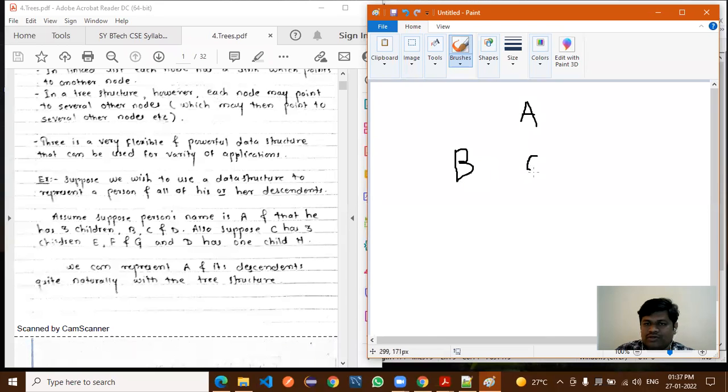B, C, and D. Right. Now here A is connected with C, D. Right. Now again, C has 3 children. How many children does C have? 3.